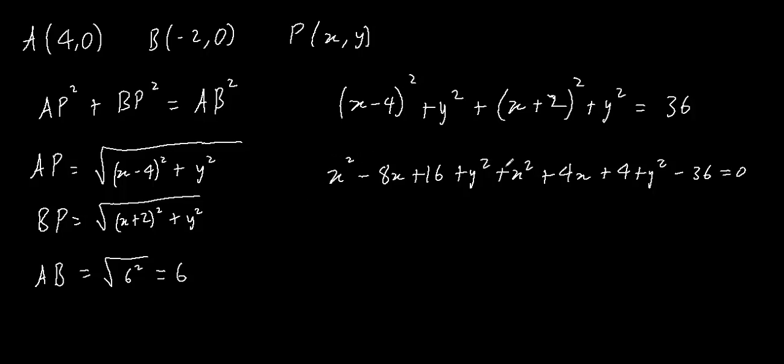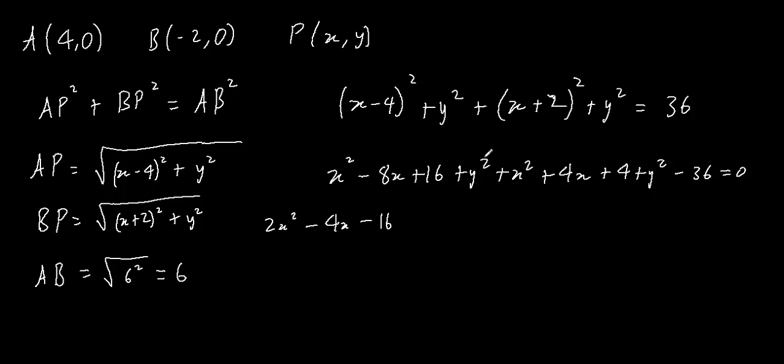Okay, so then let's collect all the like terms. So then we'd have 2x squared, then minus 8x and plus 4x, that gets me minus 4x. Then I have 16, a 4, and then minus 36, that gets me minus 16. 16 and 4 gets me 20, 20 minus 36 is minus 16.